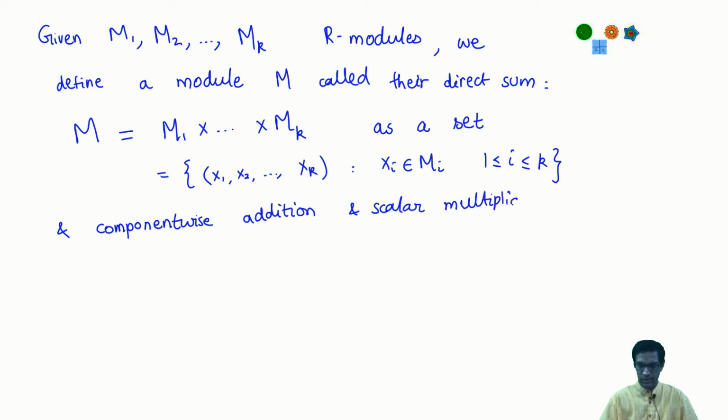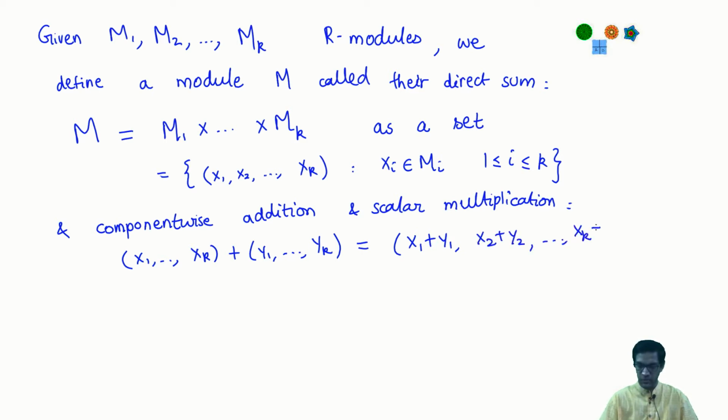So what this means is, when you want to add x1 through xk with y1 through yk, just add each component: x1 plus y1, up to xk plus yk. And if you want to multiply by the scalar r, r times x1 through xk is just rx1, rx2, up to rxk.